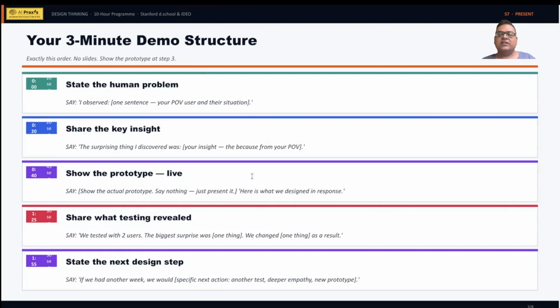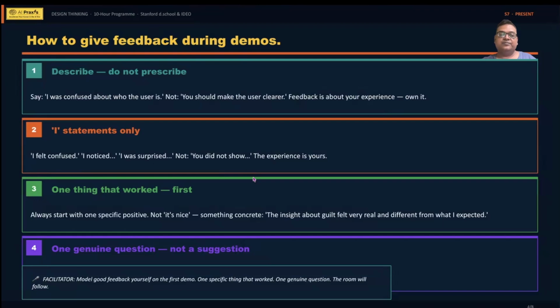And when the timer hits 3 minutes, the demo ends with no exceptions, because the ability to communicate a design concept clearly in 3 minutes is a professional skill that requires ruthless prioritization of what actually matters.